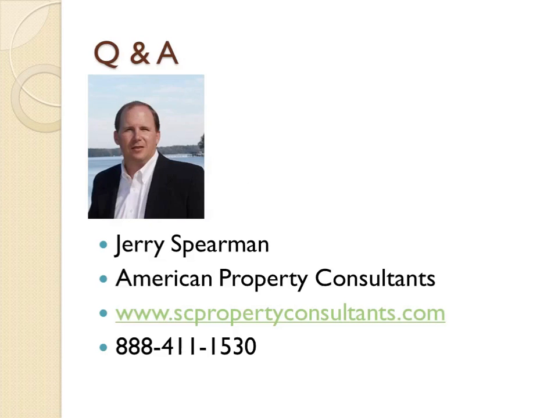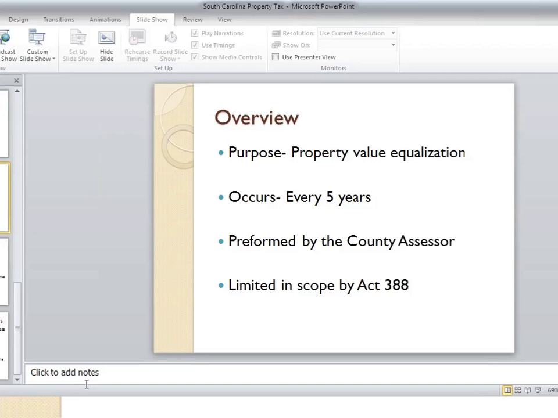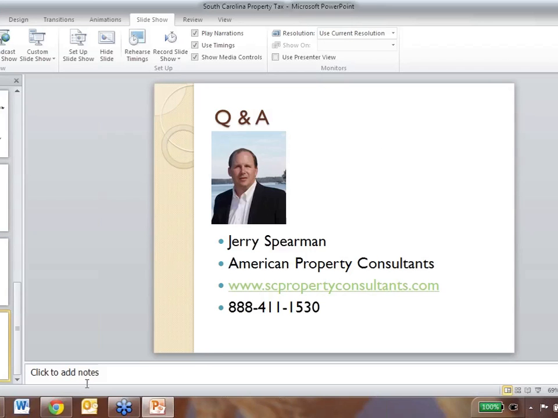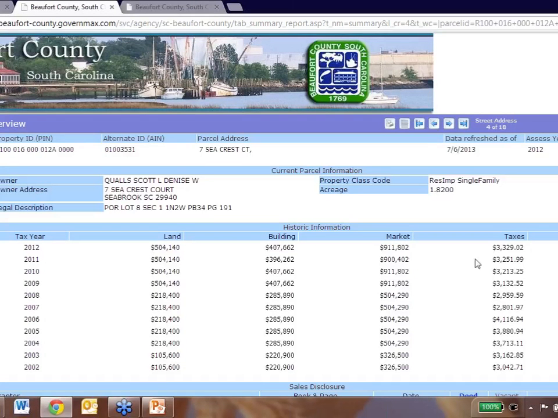So what I'm going to do, give me just a second, is show you an example of a property tax report. This is off the Beaufort County website, and this is just a random person I picked to show you. This is their primary residence. You can see that this person owns property valued at $911,000.